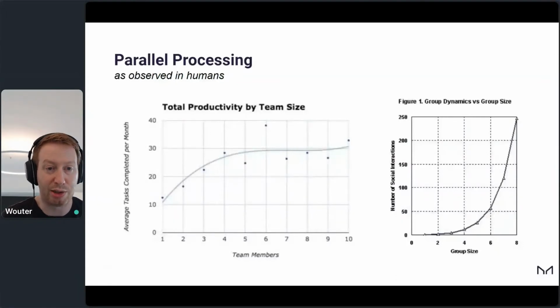There are many discussions about what is the most optimal team size, and it really depends on a lot of different things. But the rule of thumb is that it's lower than people typically think. So this one here shows maybe an optimal team size of 4 or 5.